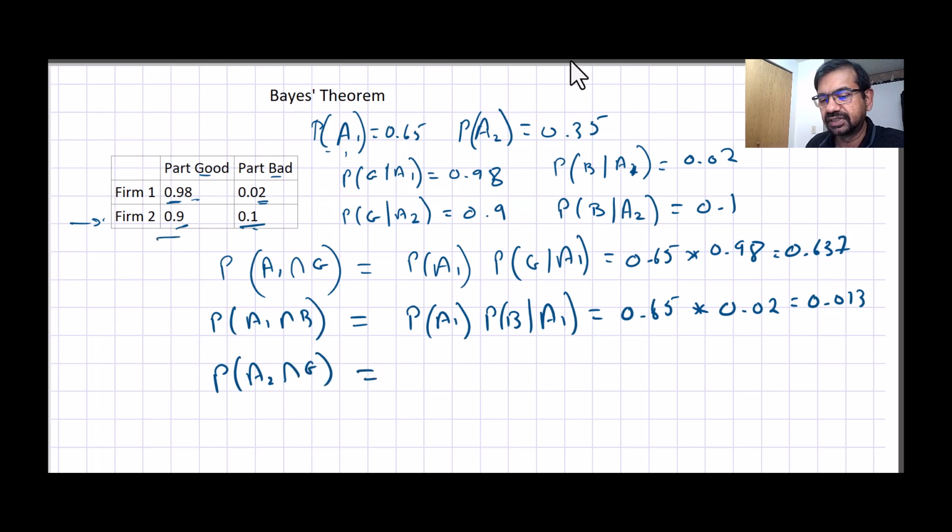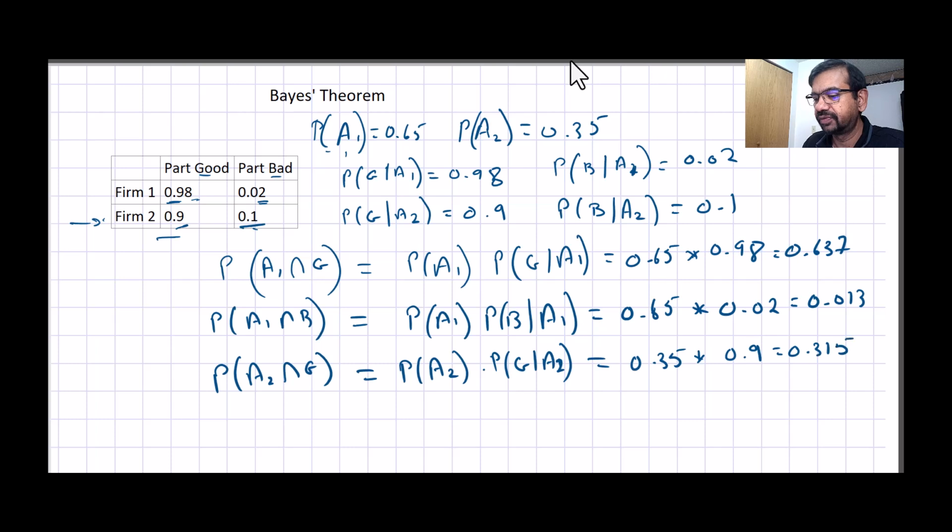Similarly, the second row gives us the probability of the intersection of A2 and G. That's the first cell of the second row. This is the probability that we got our part from supplier 2 and that part is good, conditional on coming from supplier 2, which is 0.35, the probability of us getting a part from supplier 2, times the conditional probability of getting a good part given that it came from supplier 2, which is 0.9. And that is equal to 0.315.